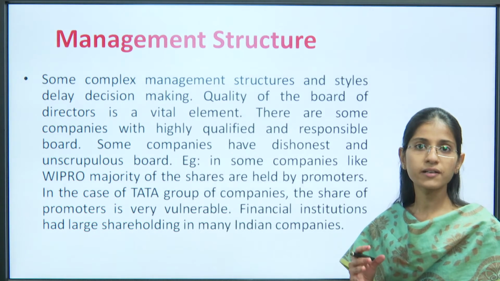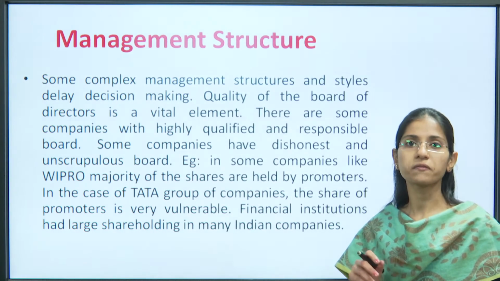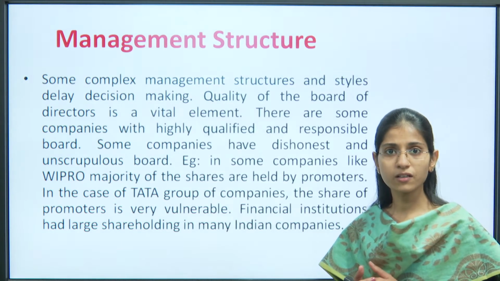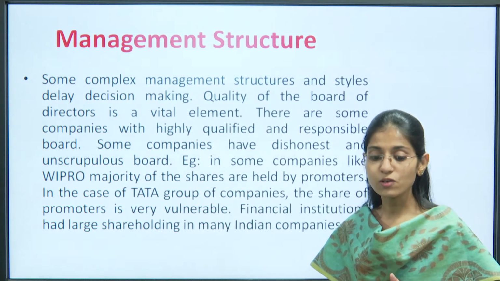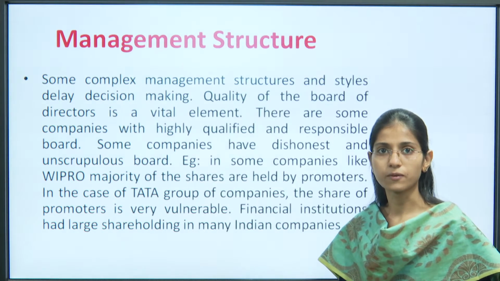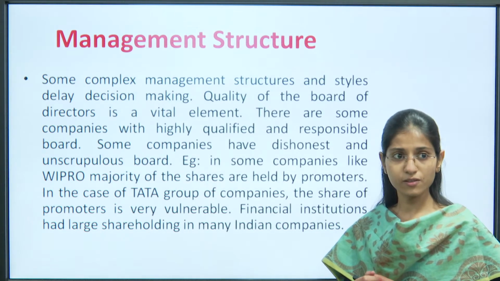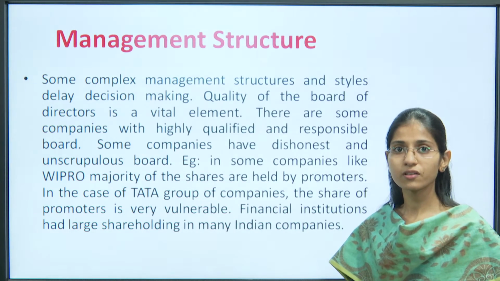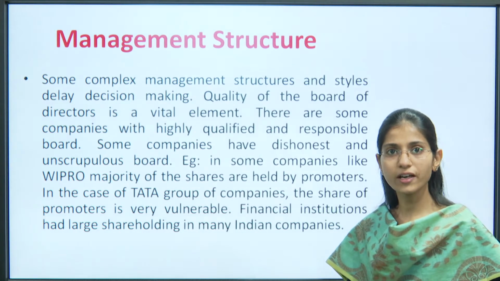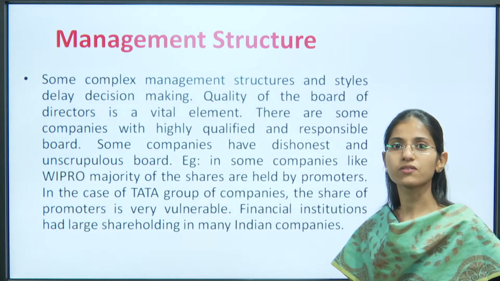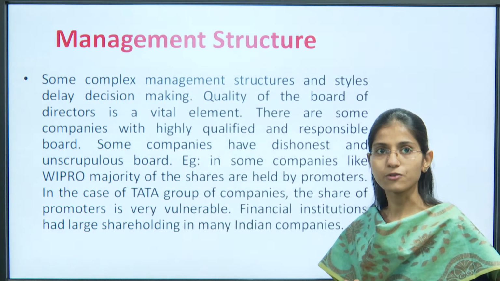So, the management structure is going to affect the organization at large, because management is involved in every activity. Management is involved in policy formulation and policy implementation, and the value system of the organization is also decided by the management. So, this whole management structure is going to affect the organization at large.